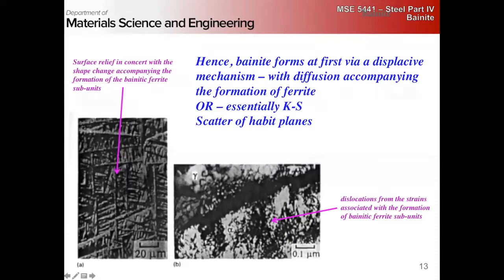So then we get diffusion accompanying the formation of ferrite, right? So shear, then we diffuse the carbon out to make ferrite and cementite, right? So bainite.